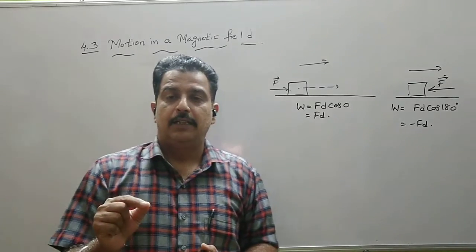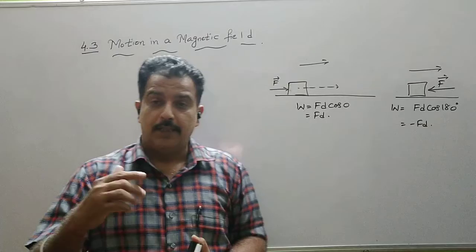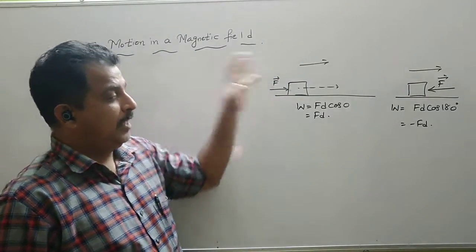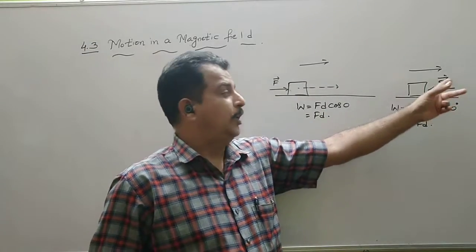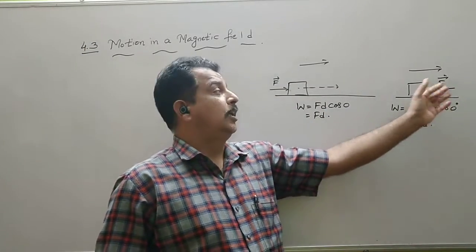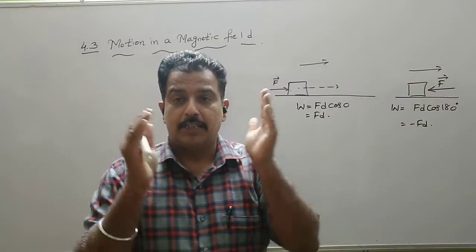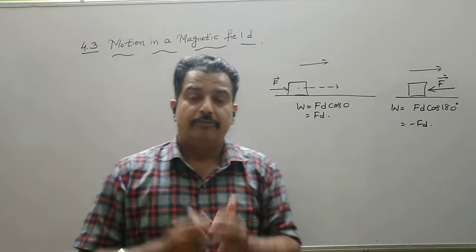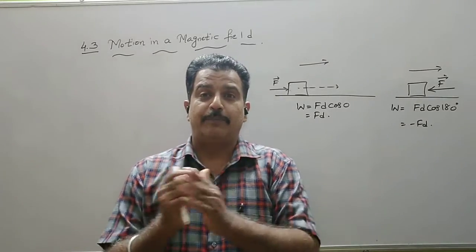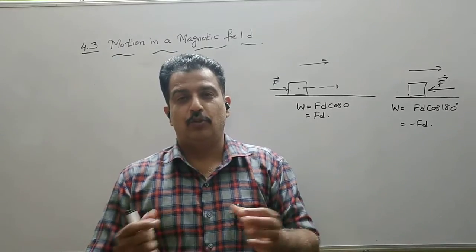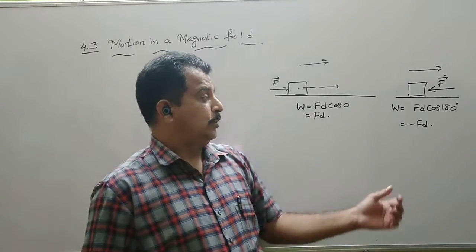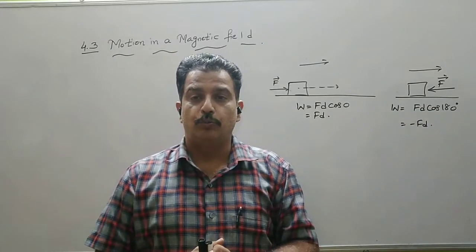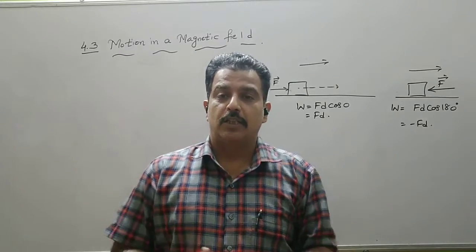So whenever we have a component of force either in the direction of the motion of a particle, or opposite to its motion, work is done on the particle. But there was also a situation where the force was perpendicular to the displacement, and we know that if the force is perpendicular to the displacement, then the work done comes out to be 0. That is, no work is done on the body.